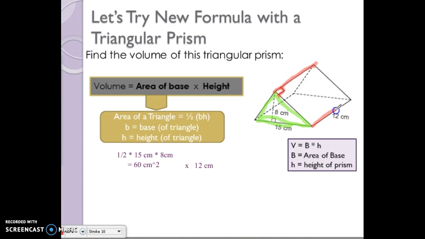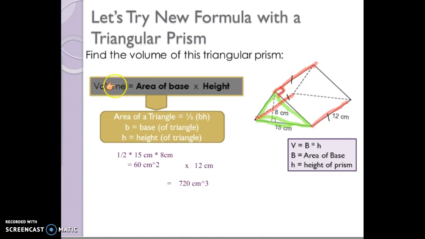Well, in this case, since it's a right prism, and these are all congruent, these are the lateral edges. So that's going to be 12 centimeters. So 60 centimeters squared times 12 centimeters equals 720 centimeters cubed. And that is the volume of our triangular prism.